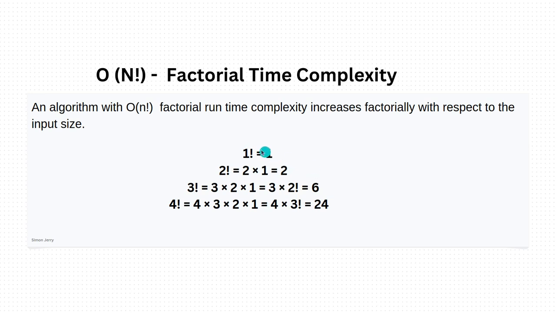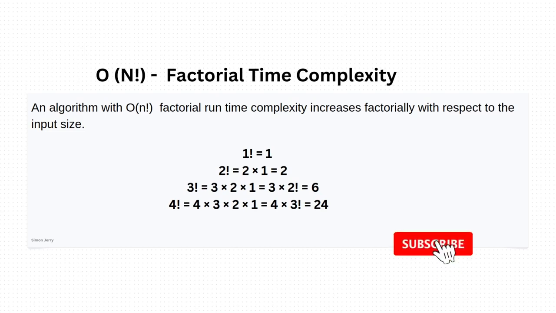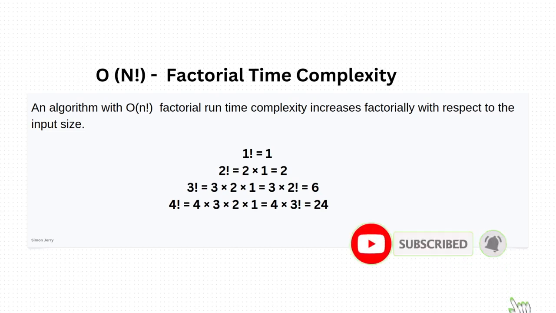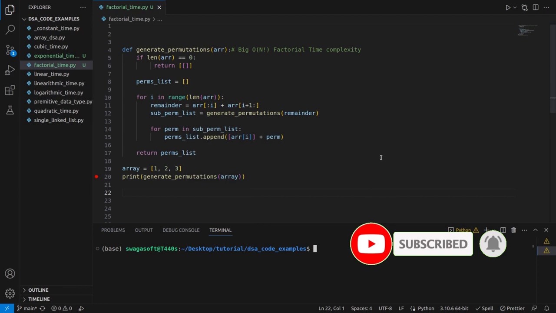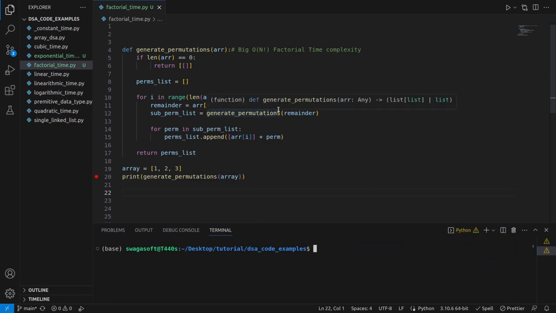You can now think of an algorithm that has this implementation that multiplies every index in that particular sequence. For more clarification and a code example, let us look at the code I have here in my VS Code. I have created a file called factorial time, and I have this code here, which is the big O of n factorial.